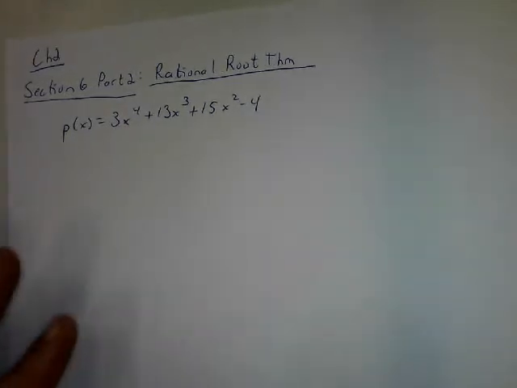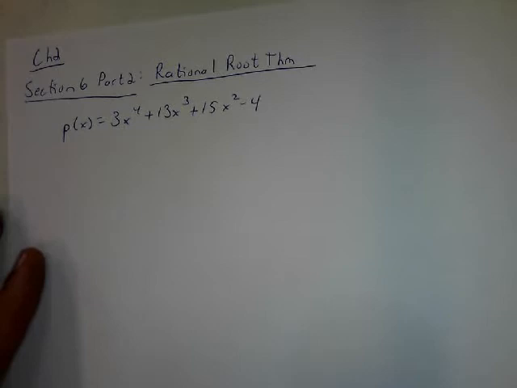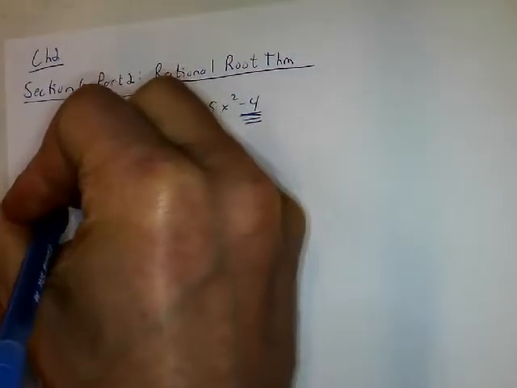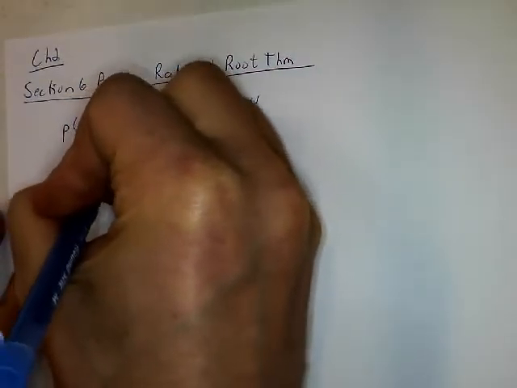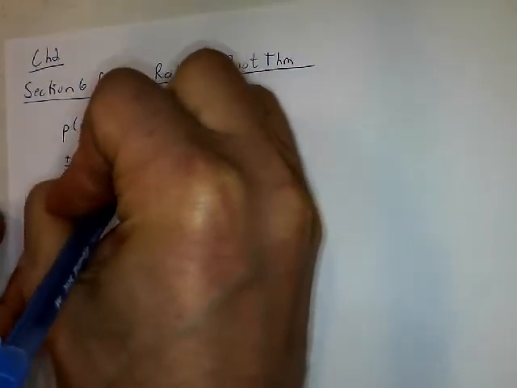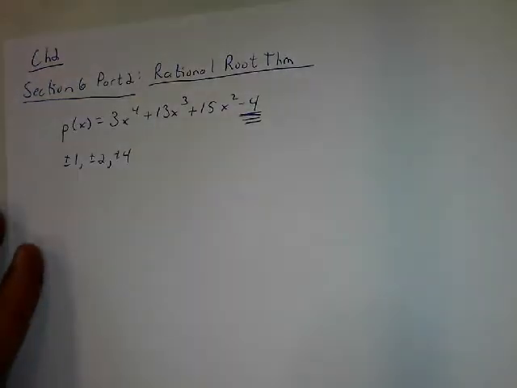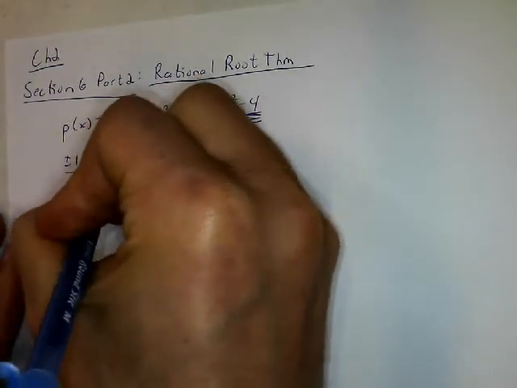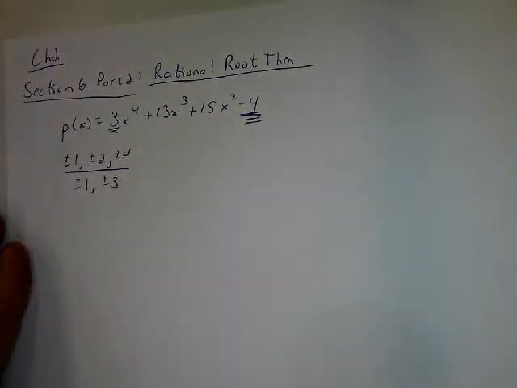It's a real simple procedure. By the rational root theorem, we take the factors of the last term. So it's plus or minus 1, plus or minus 2, plus or minus 4. We then take the factors of the first term, 3: plus or minus 1, plus or minus 3, and we divide all of them.